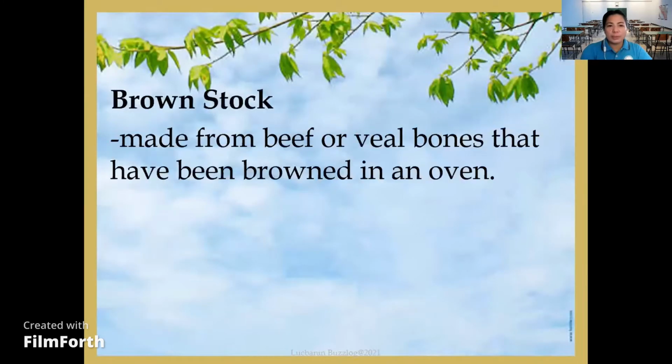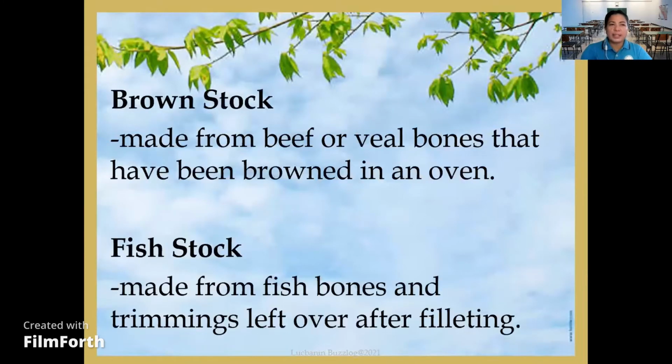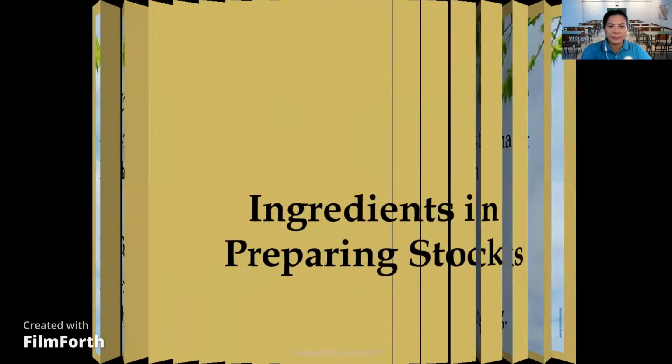And we have also the brown stock. So pag sinabi natin brown stock, it is made from beef or veal bones that have been browned in an oven. Ayan, brown siya. And fish stocks made from fish bones and trimmings, the leftover after filleting. So yan po yung mga stocks natin.